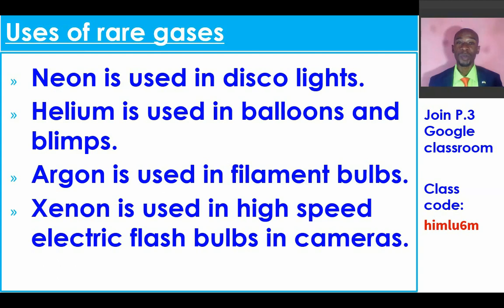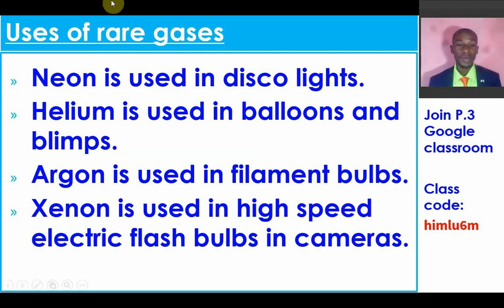When that balloon is being set to fly and take people to another place, it uses pressure, and that pressure is the one that makes it enlarge, and then air comes and drives it away. But in the process, helium as a gas is used there. I'm not a technical person to explain the whole process, but this is the little that we can learn.